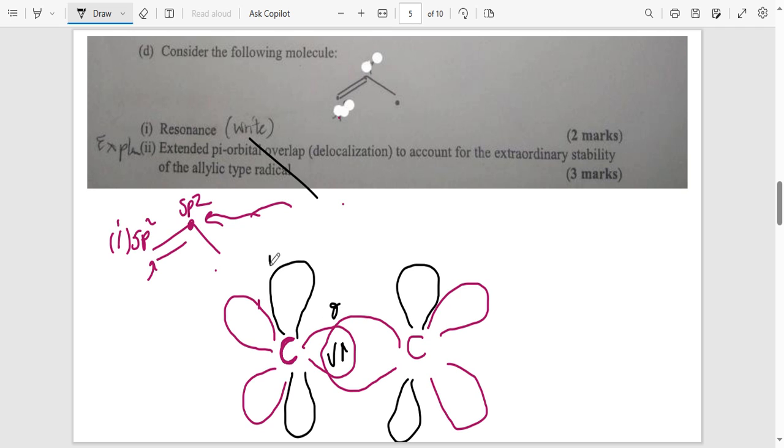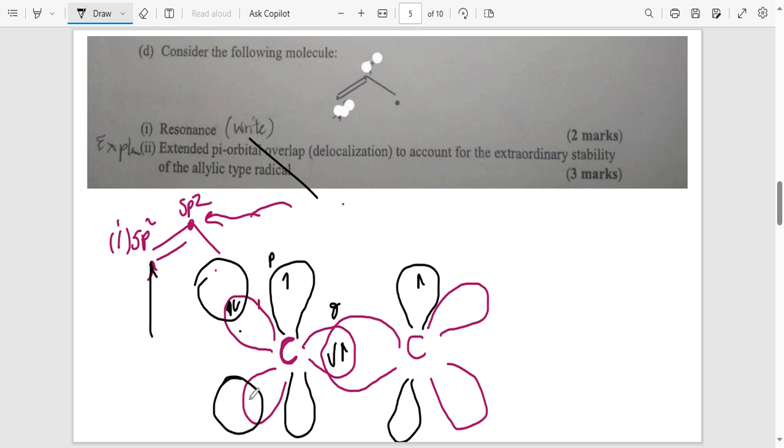But then in this p orbital, I'm going to have one electron. In this p orbital here, I also have one electron. Now, this carbon, which is this side, has got two hydrogens. It's going to have one hydrogen here. That hydrogen brings one electron. The other orbital here also brings one electron to form a bond.